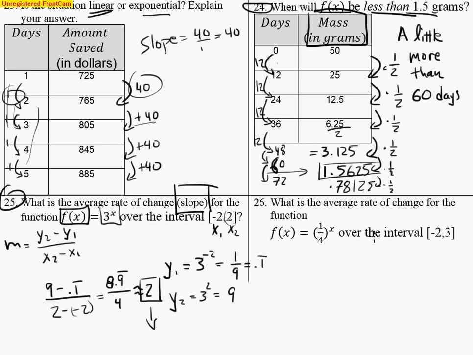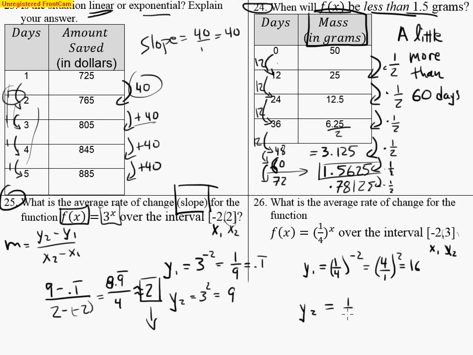I'm going to do the same thing over here, marking an x1 and an x2. I'm going to go ahead and plug these in. I'll get y1 when I have 4 raised to the negative 2. Again, this flips, and I get 4 to the 2 over 1, which is just going to become 16. y2 is going to be when I plug in 3.